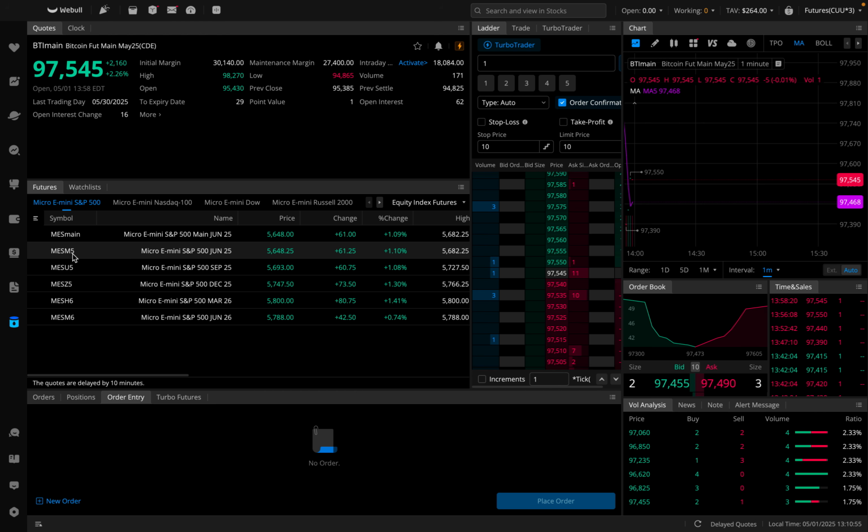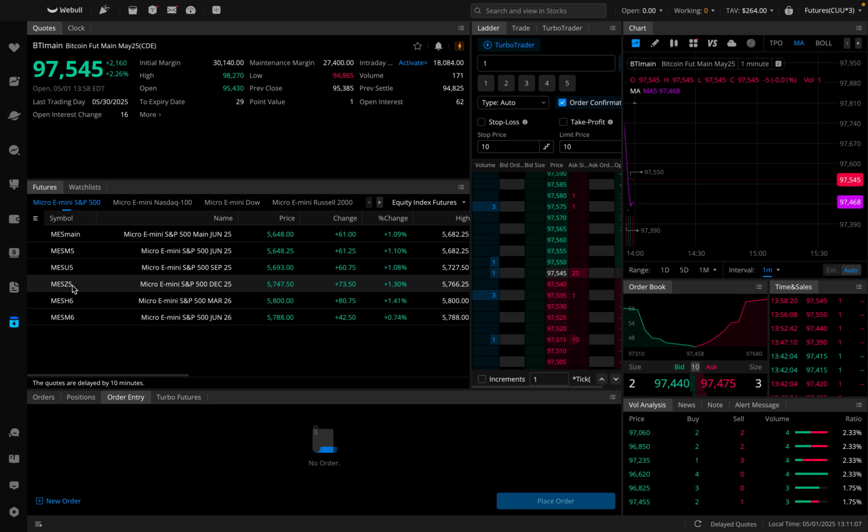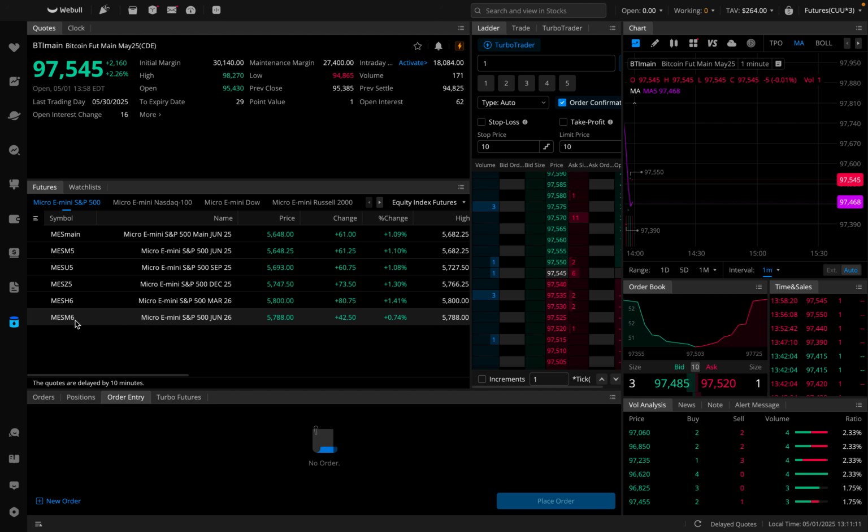So again, if we're looking at this one, M is associated with June, so it expires in June. We can also see that from the name here. Now, a couple of these end in 5, and some of them end in 6. At the end, it's followed by the expiration year code.